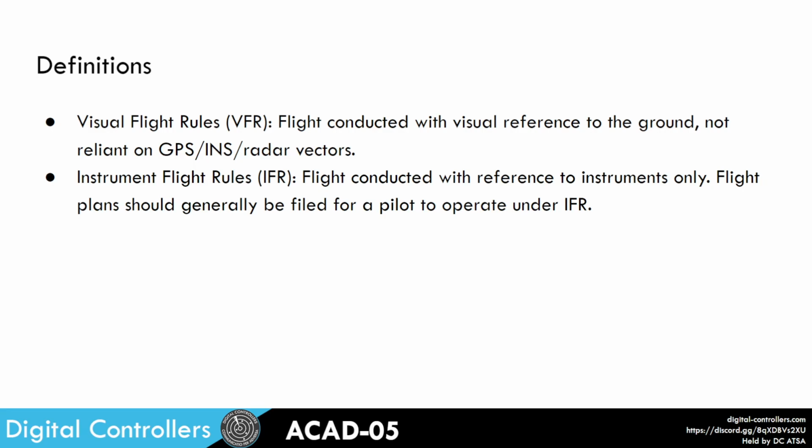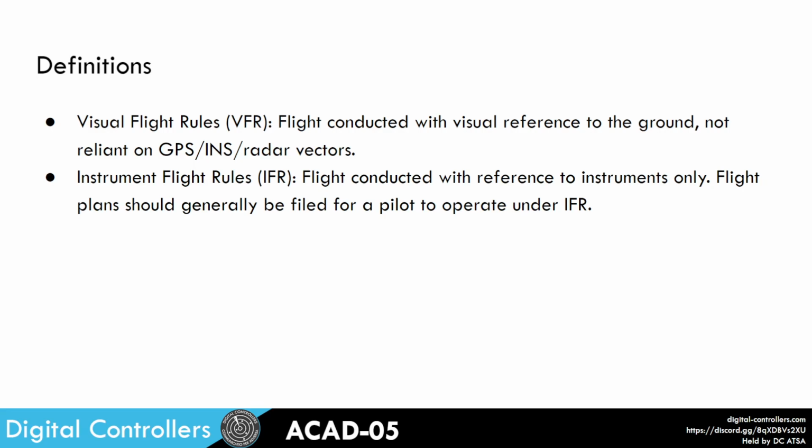We have visual flight rules, or VFR, which is flight conducted with visual reference by looking outside the cockpit effectively, typically with visual reference to the surface, and this is not reliant on GPS or INS or radar vectors.